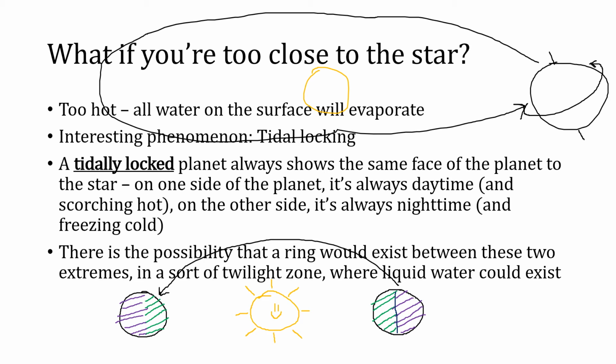And so we end up getting this really interesting thing going on. Here's why I colored it the way I did: the green and purple don't necessarily mean hot and cold when you just look at it. But if you've got this planet and the green side is always facing the star, it's always like noon on the green side. It's hot, right?